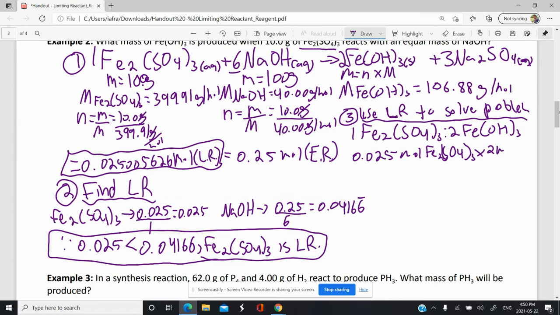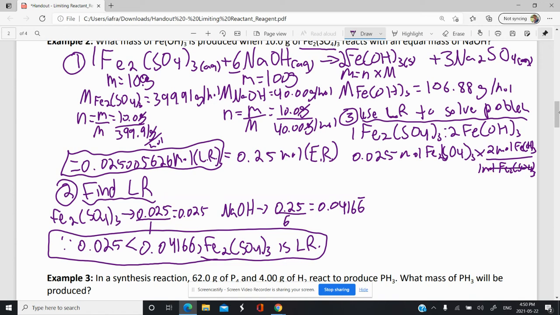So 2 moles of Fe(OH)3 for every 1 mole of Fe2(SO4)3.